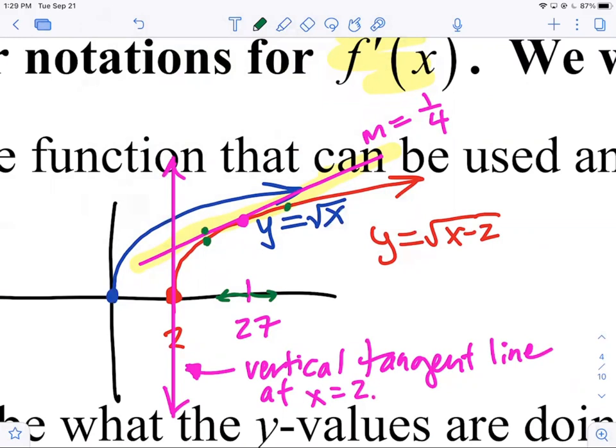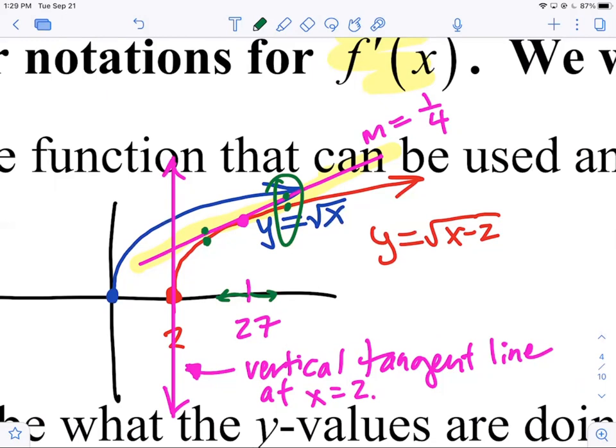Now, they diverge pretty rapidly. As I continue going to the right, they start separating more and more. But in the neighborhood of 27, the tangent line's y value is a decent approximation of the function's y value, which may be really hard to compute or maybe even impossible to compute.